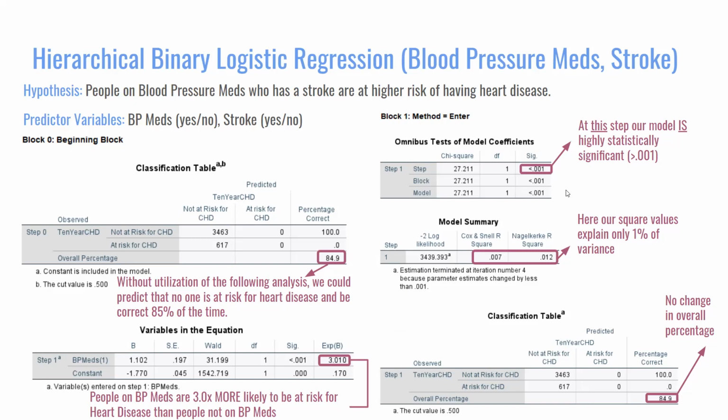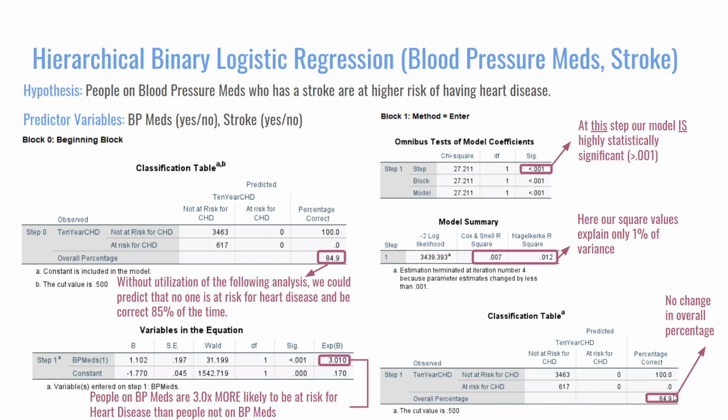And for block 1, I first kept BP meds, and it showed that it is highly statistically significant. Oh, I think I accidentally flipped that. That's my fault. I'll flip it back. So I'm sorry about that. And the model summary here shows that our R square values explain 1% of variance, and there was no change in the classification table.